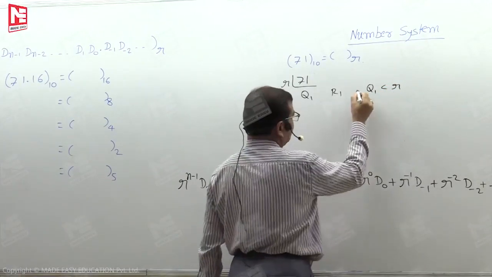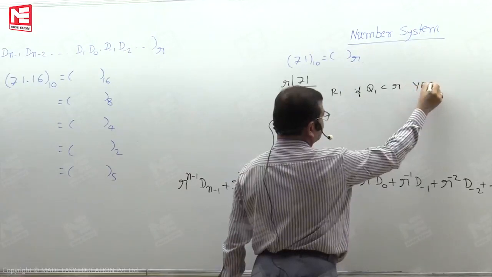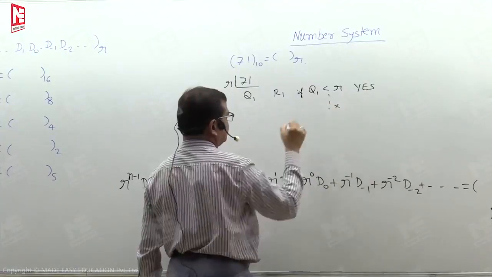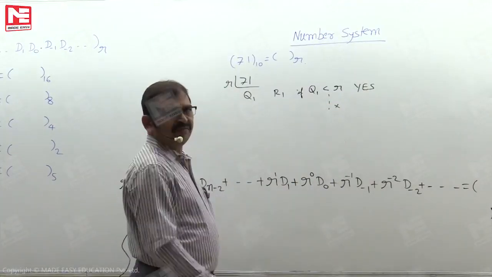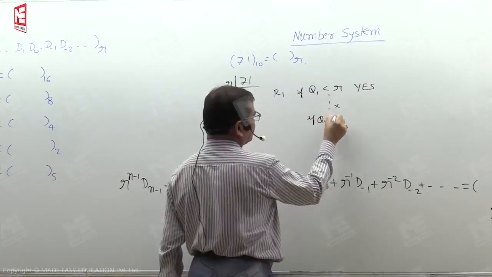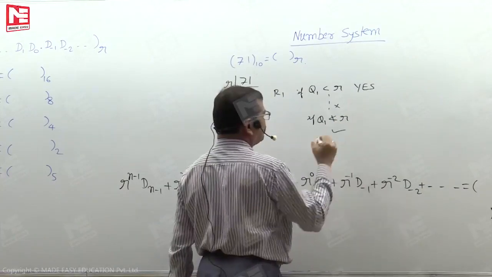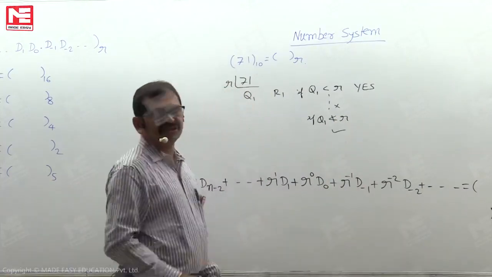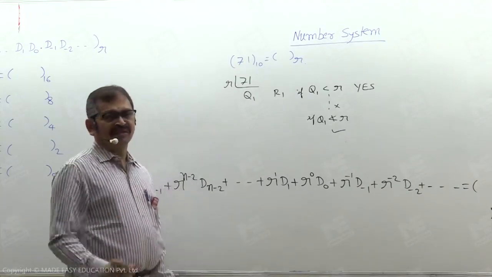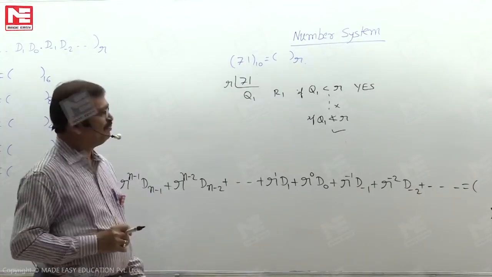If the quotient is less than the radix value, if this is yes, no further division is possible. But if Q1 is not less than the radix, then further division is possible. So this is the work involved to convert the integer part of the given decimal number to its equivalent radix r number.